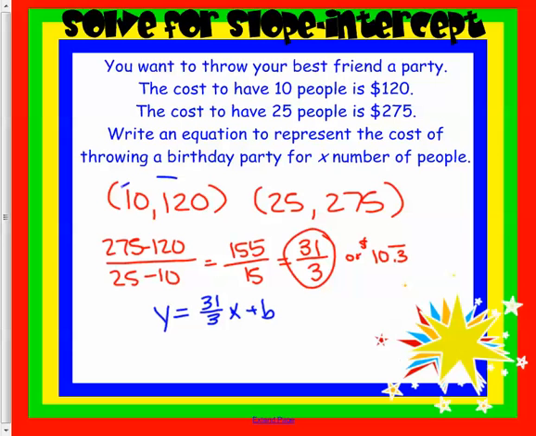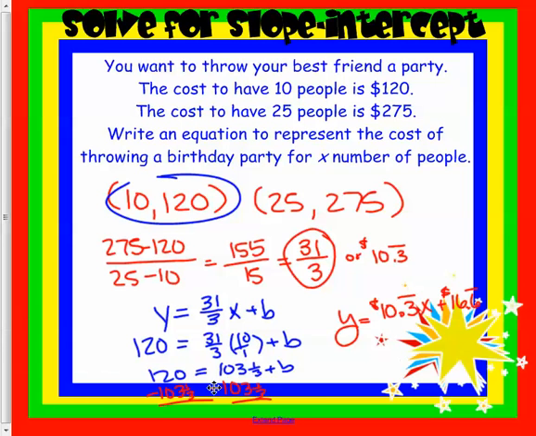I'm going to plug in this one. So my y is 120. 31 over 3 times 10, which could be like 10 over 1, plus our b. If I multiply, I get 103 1/3. I take it away from both sides, and I'm left with 16.6. So this is my equation.